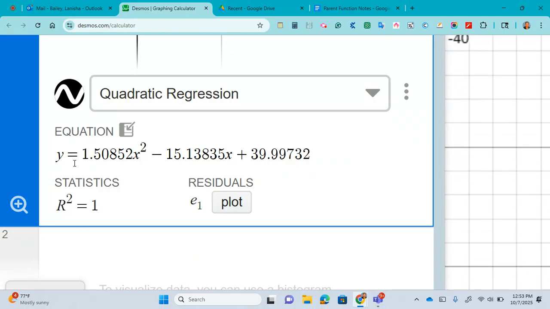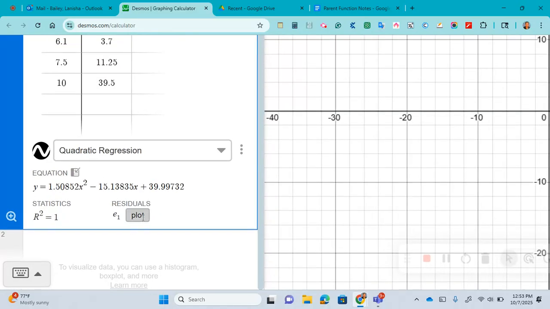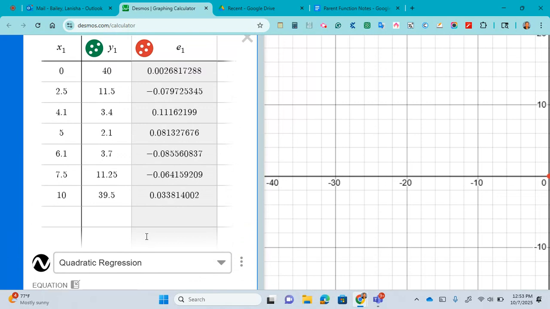What do you write for the residual one? The residual where it's 6.1, or when it's 3.7.